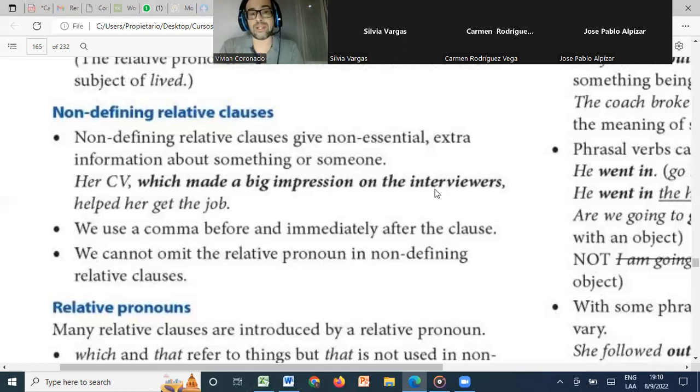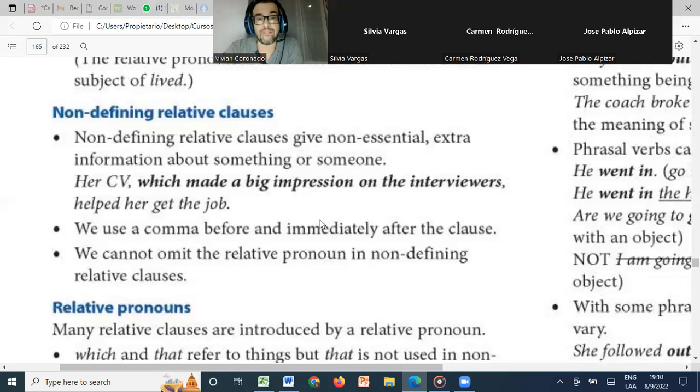Why is this important? Because in the practice or in this part of the test, they might include a non-defining relative clause. So if you know that it's surrounded by commas, definitely it is a non-defining. And in a moment, I will let you know why that is important. Hold it there for a moment, okay?